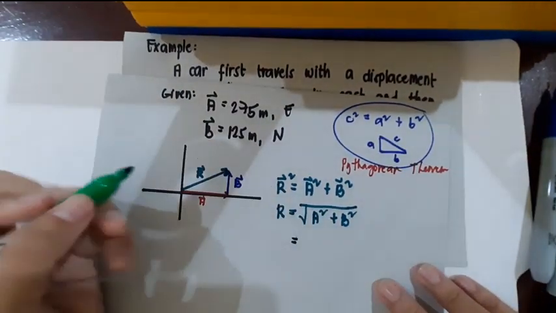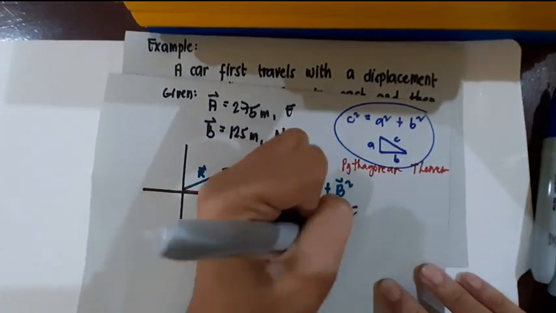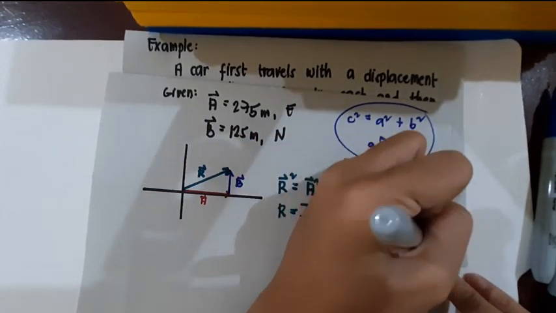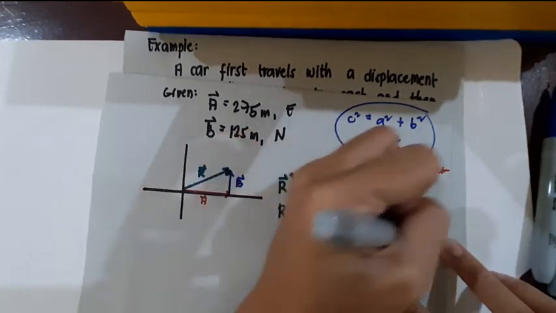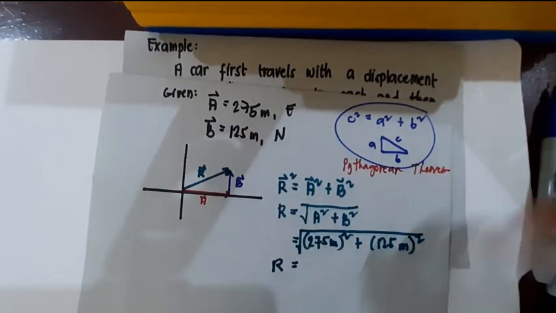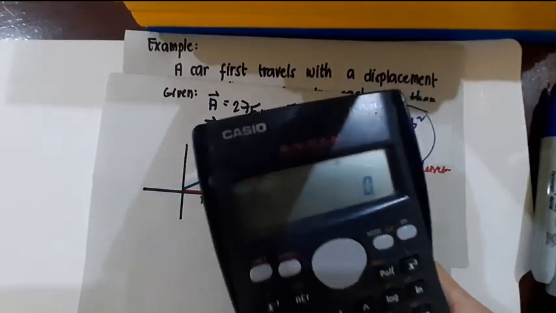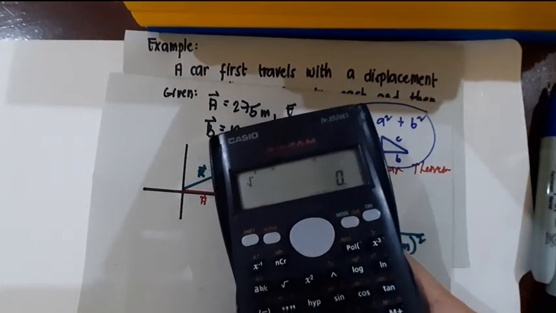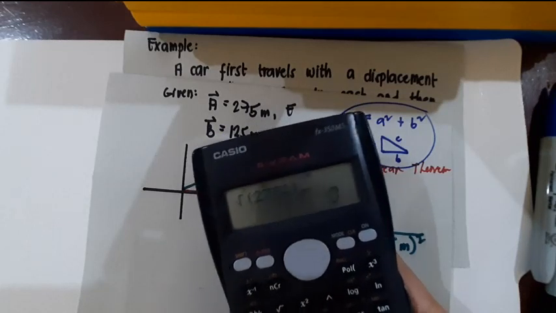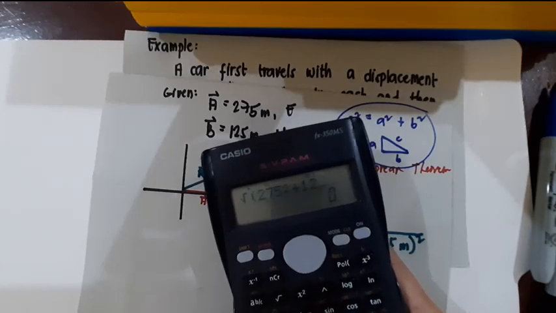Your A is 275 meters squared plus 125 meters squared, and then square root. Now R is equivalent to, input that in the calculator, the square root of 275 squared plus 125 squared.